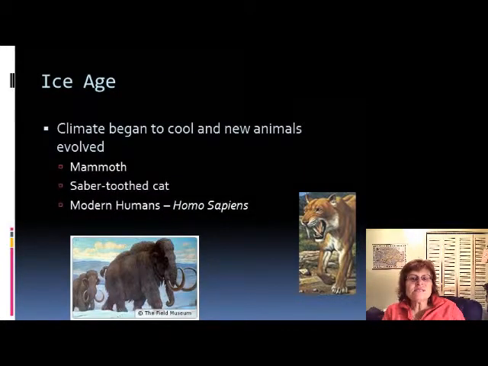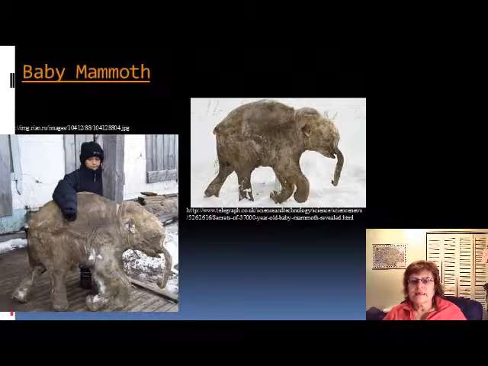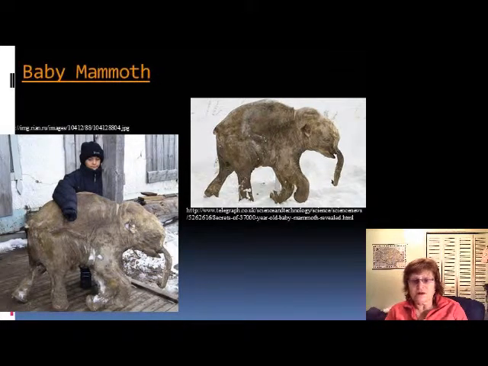During the Ice Age, as the climate began to cool, new animals evolved, such as the mammoth, the saber-toothed cat, and modern humans. And this is a very interesting find in Berezovka, Russia.